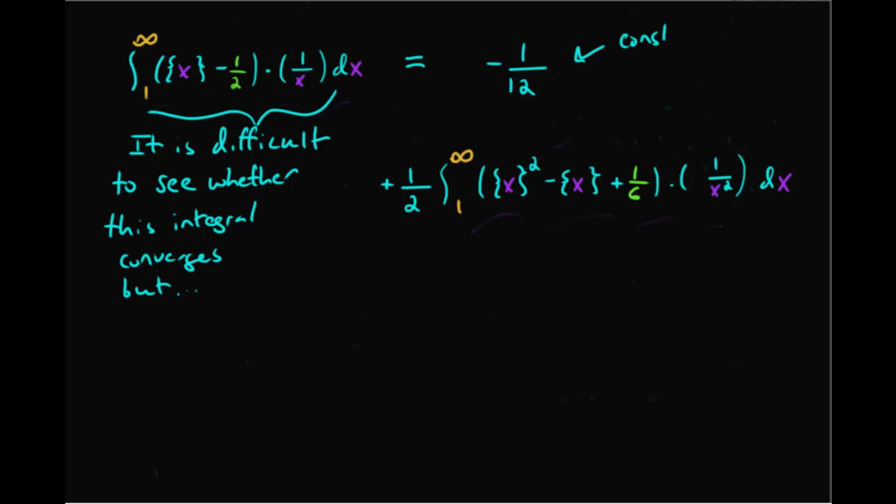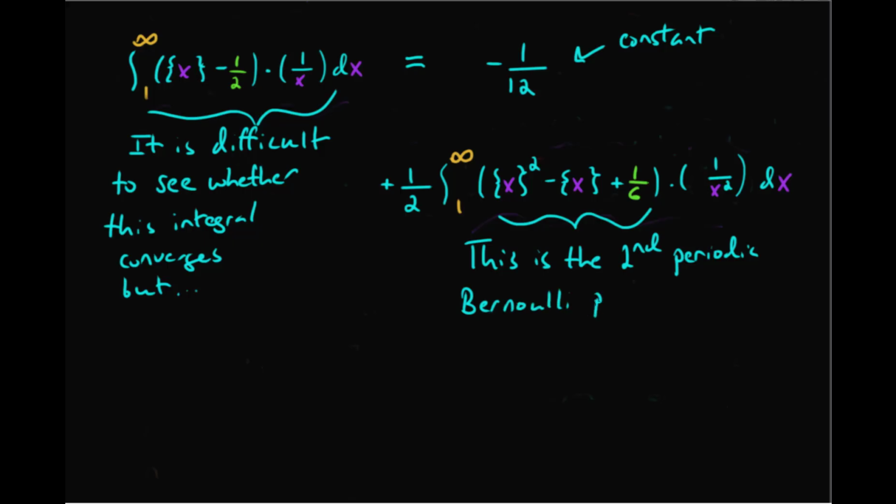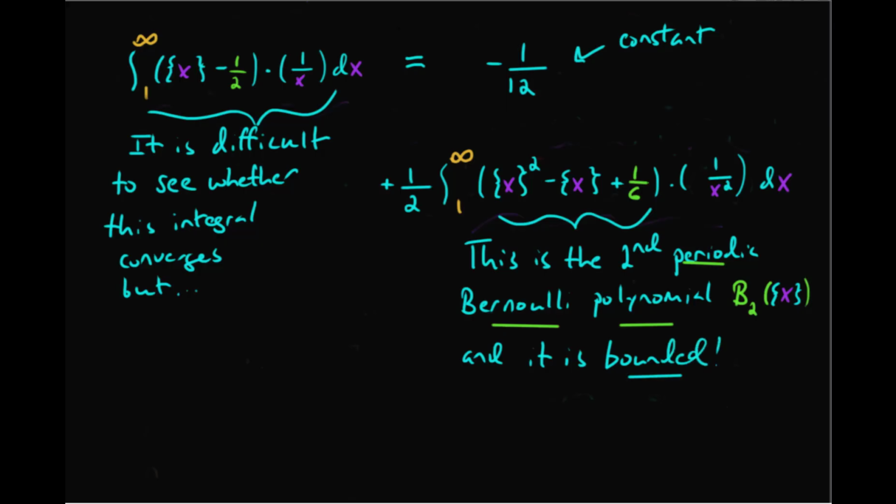But on the right-hand side, we know that it's equal to this constant, negative 1/12, plus this other integral, 1/2 times the integral from 1 to infinity of the second periodic Bernoulli polynomial times 1 over x squared dx. And now we're actually in really good shape, because this second periodic Bernoulli polynomial is bounded.